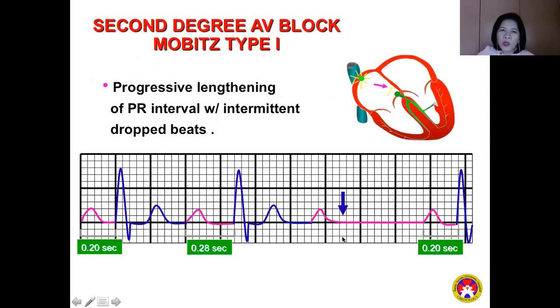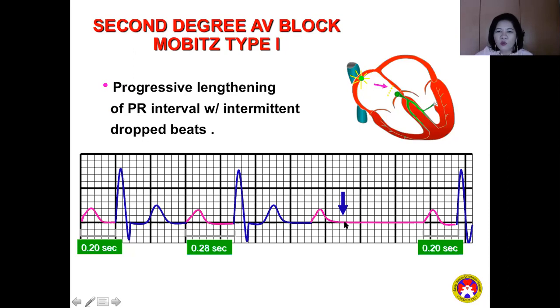Okay, let's go to the two types of second degree AV block. In this tracing, PQRST, PQRST, and then we see a P without a QRST. So we know that we have a second degree AV block. If you measure the PR interval here and compare that to the next PR interval, what do you notice? The PR interval is prolonging until you see the P without a QRST complex.